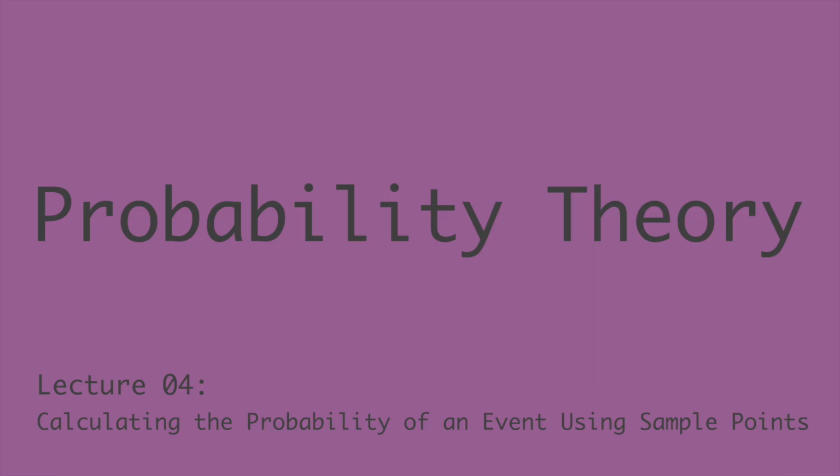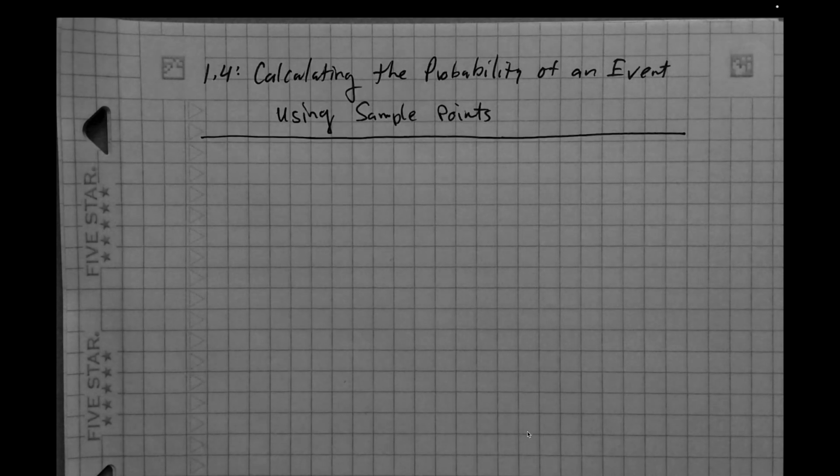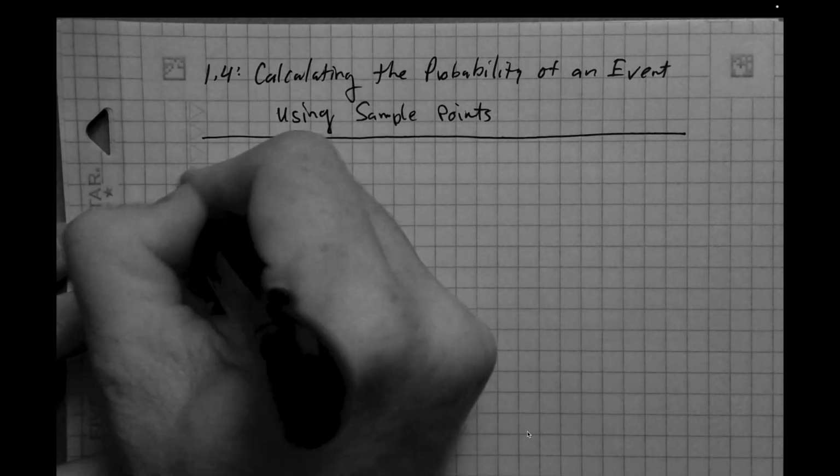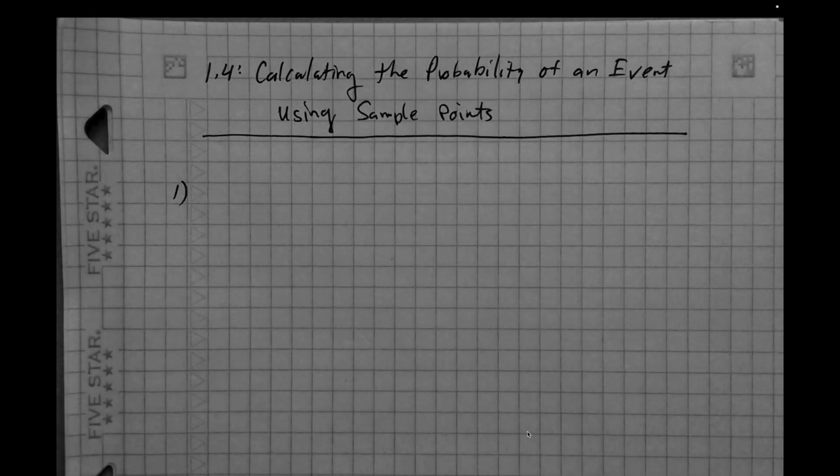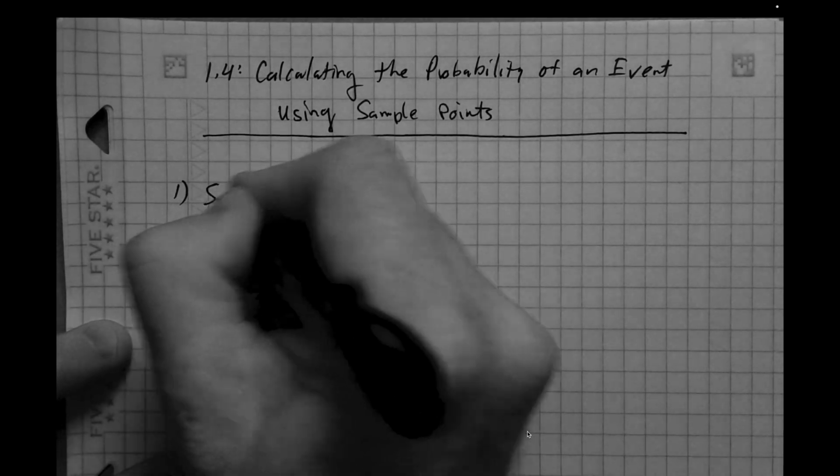We'll call this section 1.4, calculating the probability of an event using sample points. Finding the probability of an event defined on a finite sample space can be approached in two ways. The first way is the way we're going to talk about in this section, and that's what I'm going to call the sample point method.